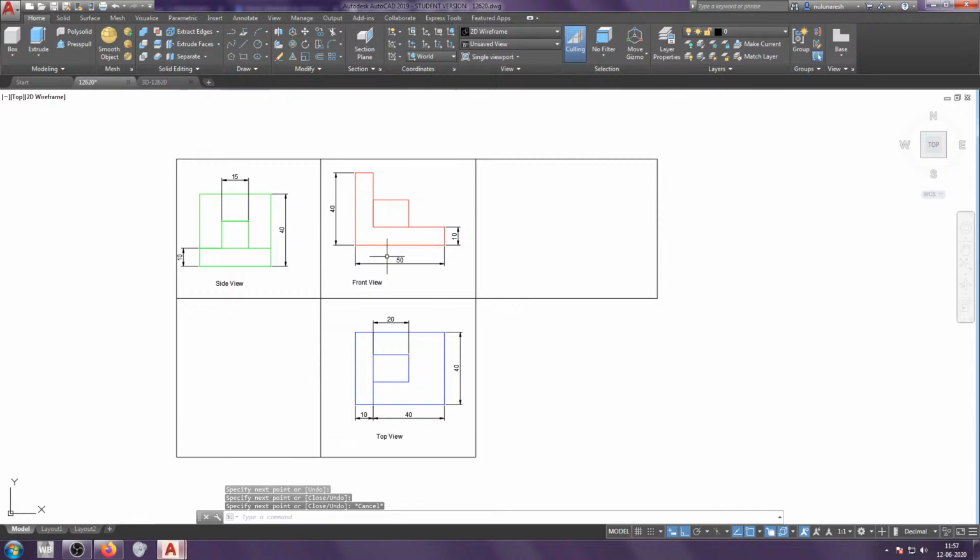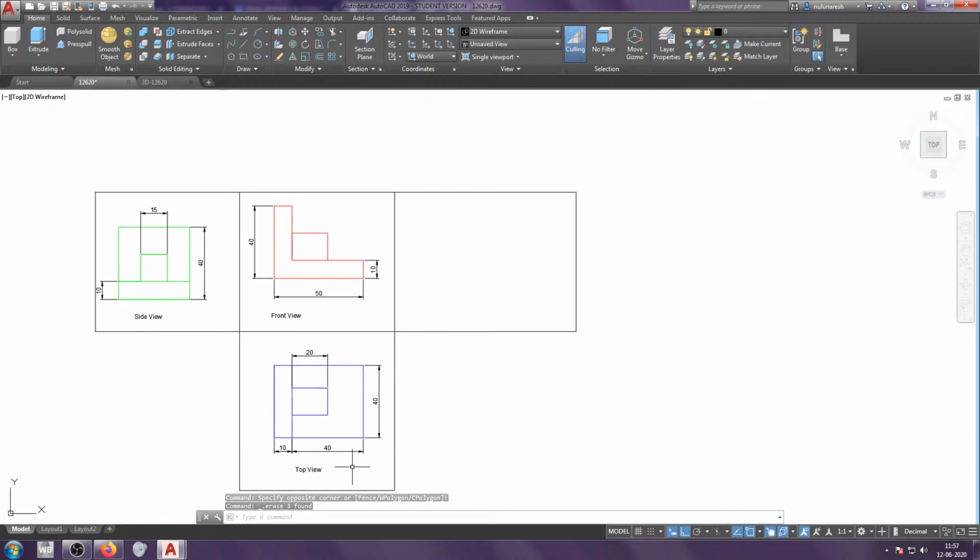If it is a left side view, means you have to take one more thing here. I think you can just trim this. Okay, you have to take the projections again. By the way, I forgot to mention the projections has to be there. Never ever erase the projections. Keep the projections alive.